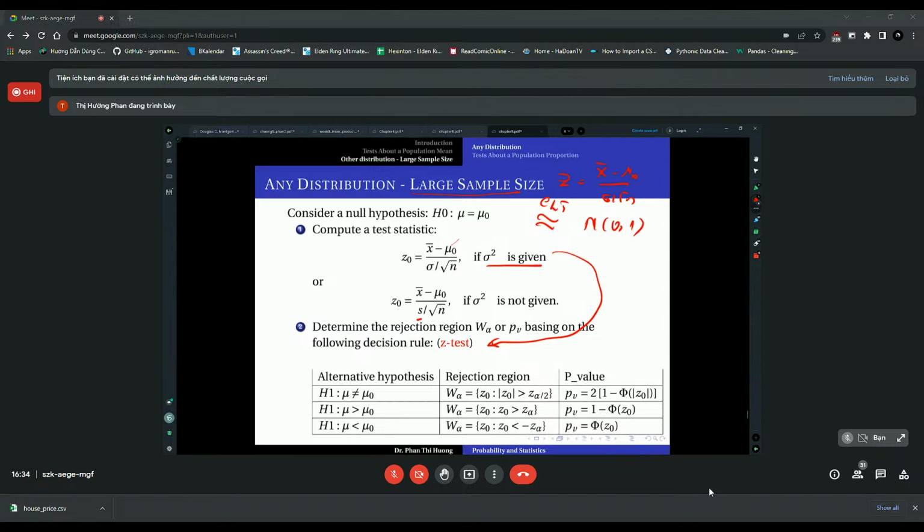Anyway, until now we learned three hypothesis tests for the population mean, two of them using the z-test and only one using the t-test. We only use the t-test when the population follows a normal distribution and the variance is unknown.